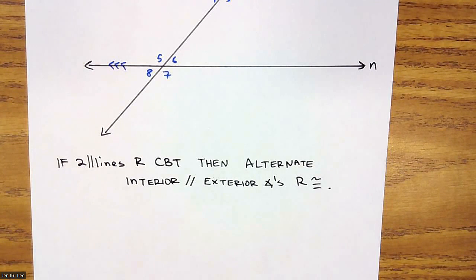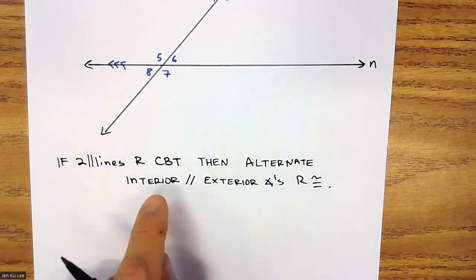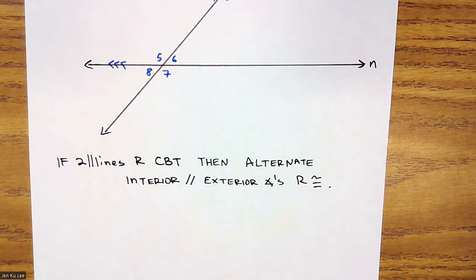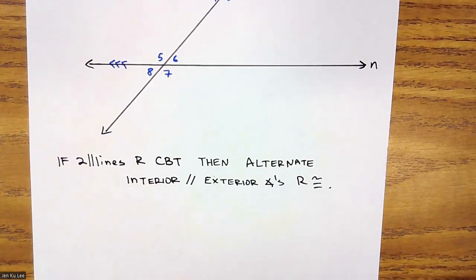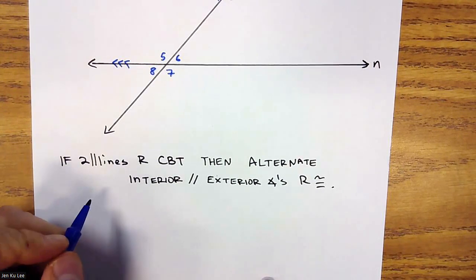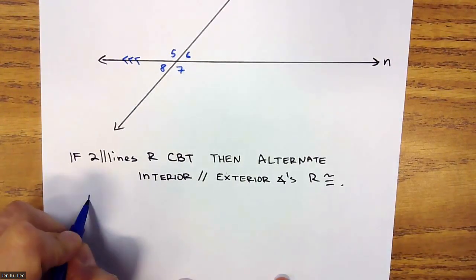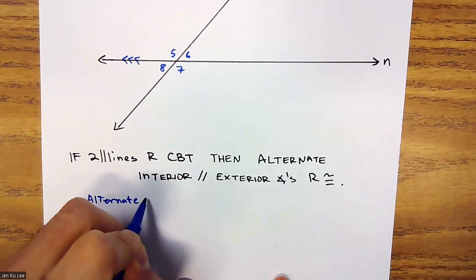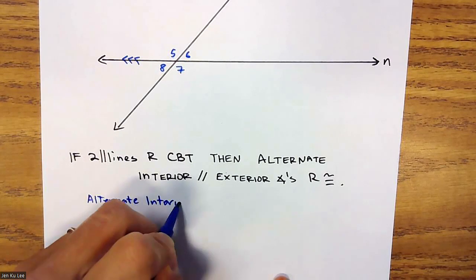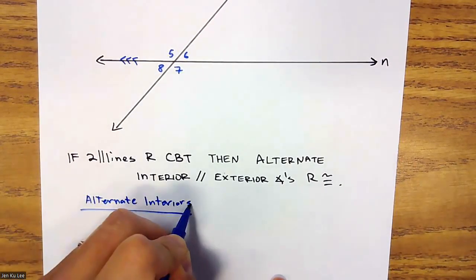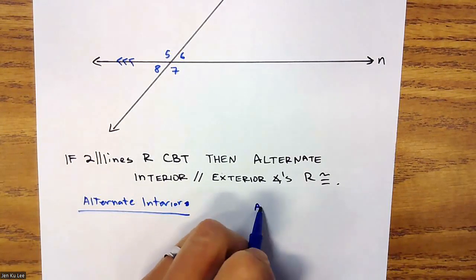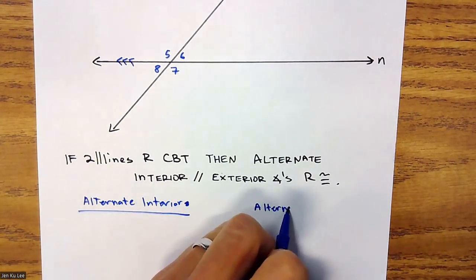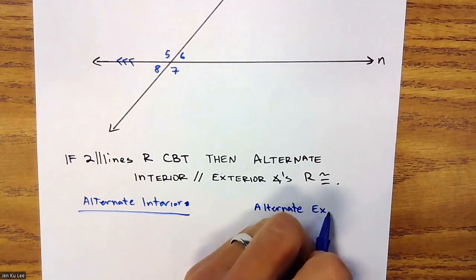Notice that I'm shorthanding a lot of things. If two parallel lines are cut by transversal, then alternate interior or alternate exterior angles are congruent. So there are two relationships here: the alternate interior angles and alternate exterior angles.